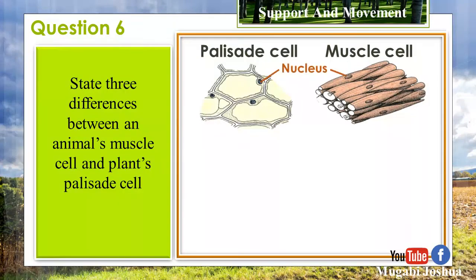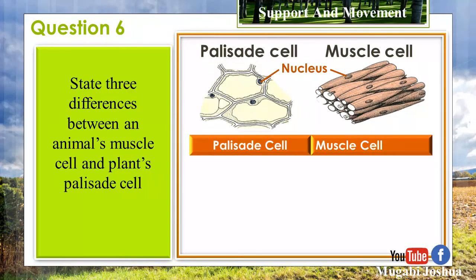And when you look at the palisade cell, it looks like a general plant cell with the nucleus and the other components. So now we want to look at the differences between these 2 types of cells, the animal muscle cell and the plant palisade cell.